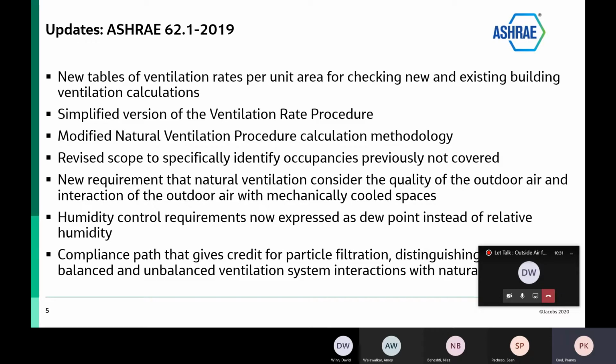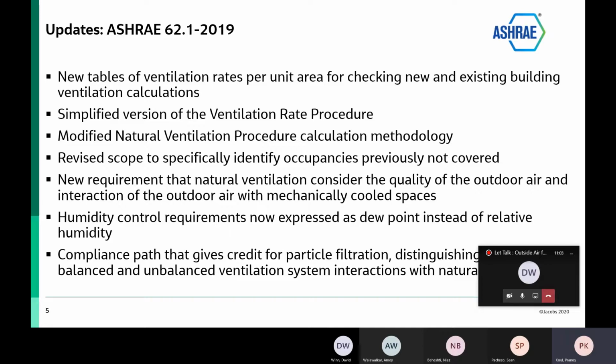It has a more simplified version of the ventilation rate procedure, which entails, okay, for a particular occupancy type, there would be an Ra value, which is your outdoor airflow rate per area. It will have an Rp value, which would be the outdoor airflow rate per person. So it's very concisely designed and tabulated in a way that we can use that information towards our application, if it's an office or a laboratory or an elementary school, whatever you have.